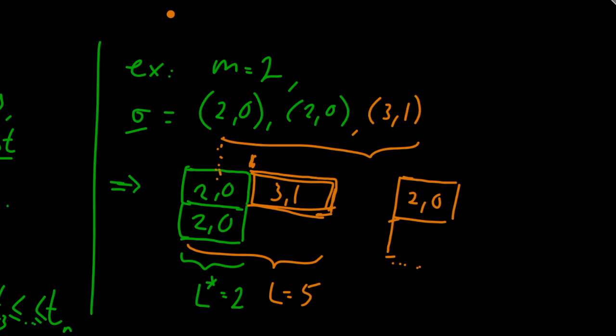So if you get two jobs of size 2 at time point 0, then you can decide to schedule them after some time has passed. But for example, if it just waits, then I will get this (3,1) job at time point 1, and now I have two unprocessed jobs.